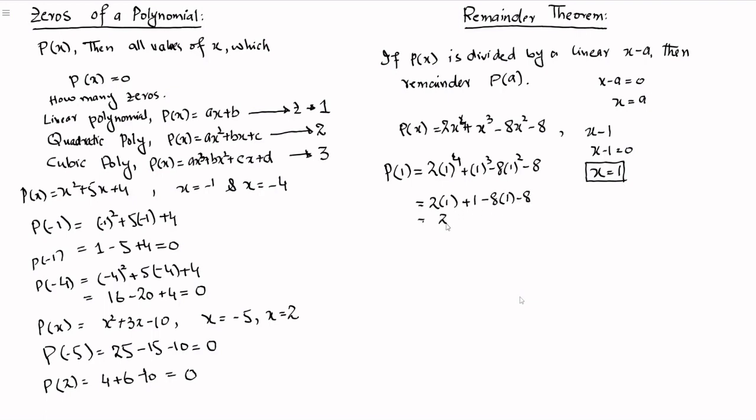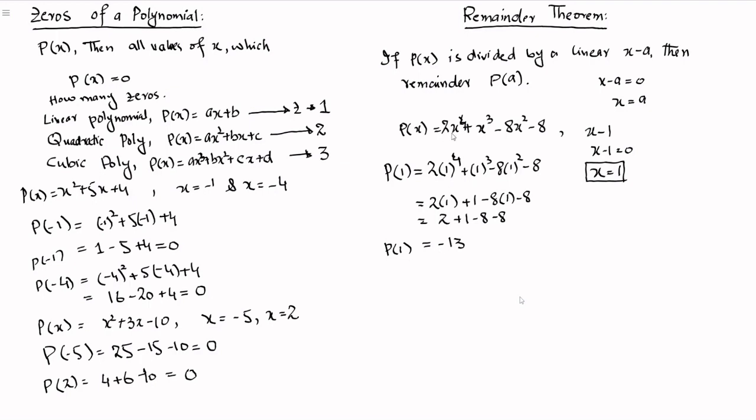So we have 2 plus 1 minus 8 minus 8. 2 plus 1 is 3, minus 8 is minus 5, minus 8 is minus 13. So the remainder of this polynomial will be minus 13.